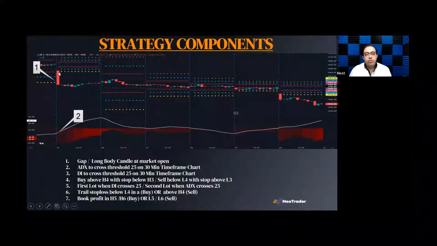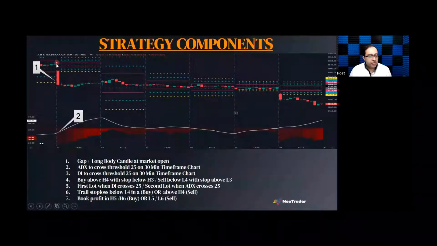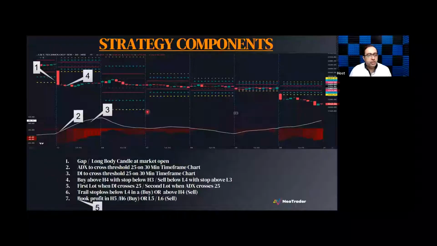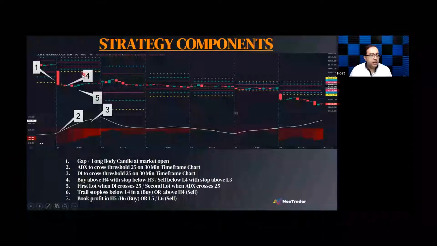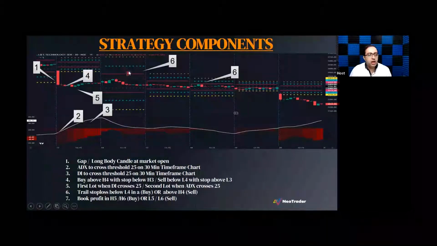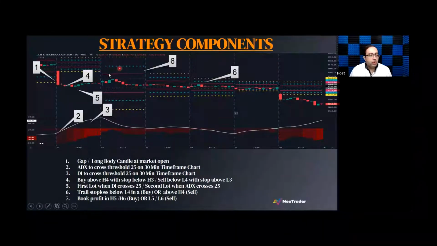Where is this movement? Is it upside or downside? The movement is to the downside. And once this movement is to the downside and the minus DI picks up, you will start increasing your position. Then you will place a stop loss above H4.